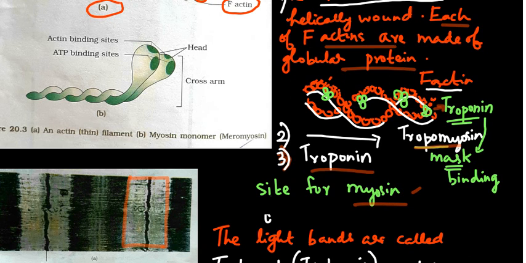Apart from actin, there is the myosin protein. The structure of myosin protein is like this.